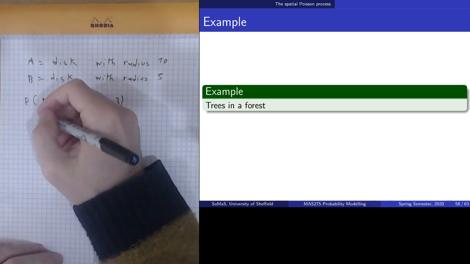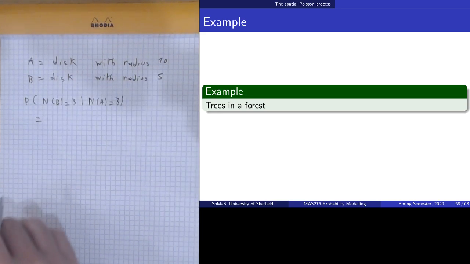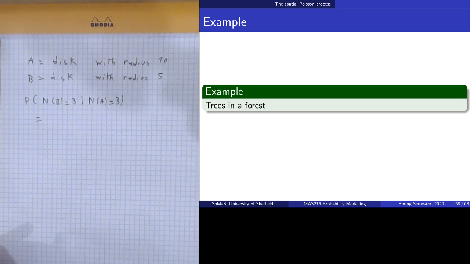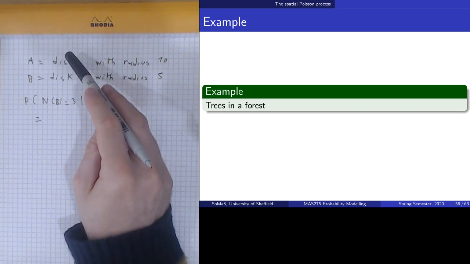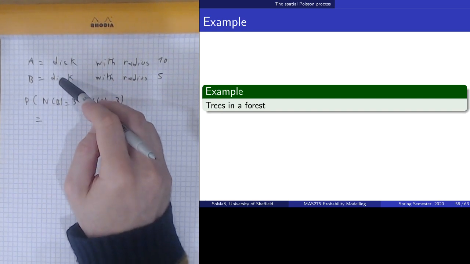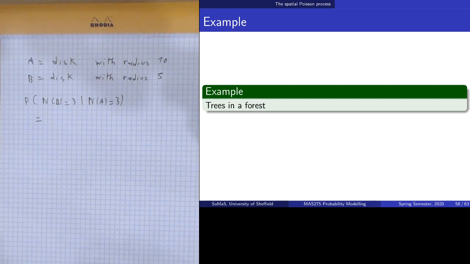And that's the probability that a binomial with parameter something is equal to 3. And the something is the ratio of the areas. Remember, we had ratios of the lengths. Here we're saying that if a point lands inside the big disk, then it's uniform inside this big disk. So the probability that it lands in the smaller one is the ratio of the areas.